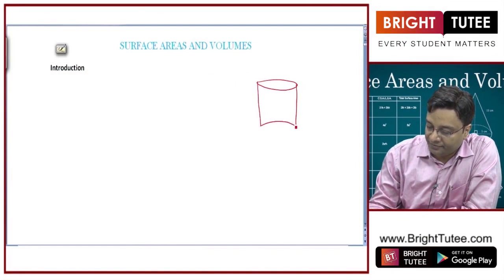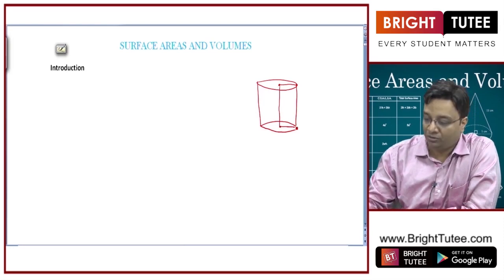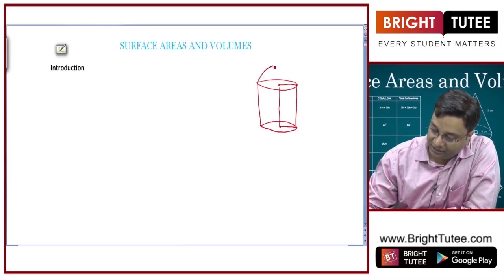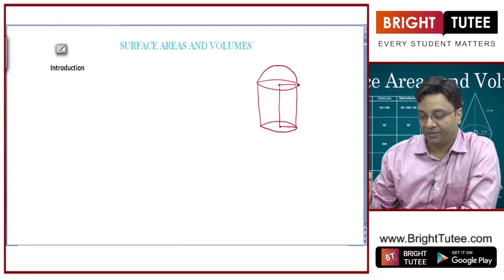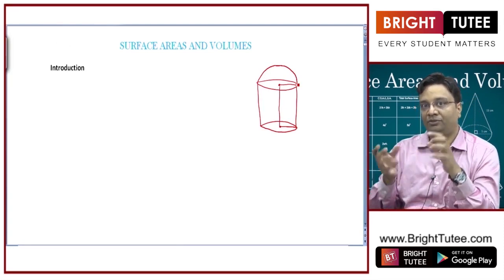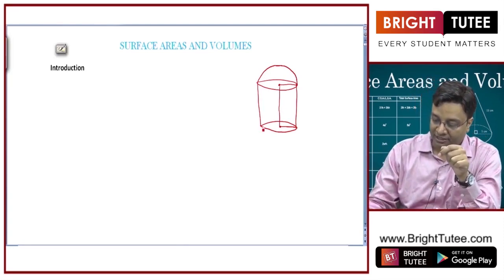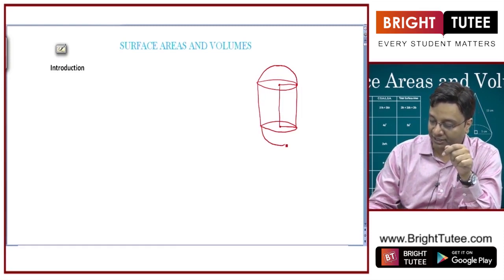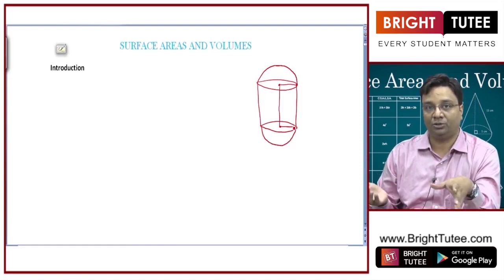This is the right circular cylinder. If I mount a hemispherical solid on it, now it will become a combination of two solids, right? If I put one hemisphere here, it will become another solid.